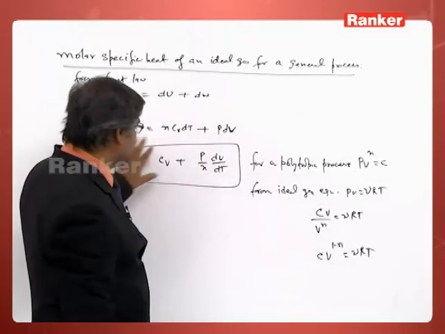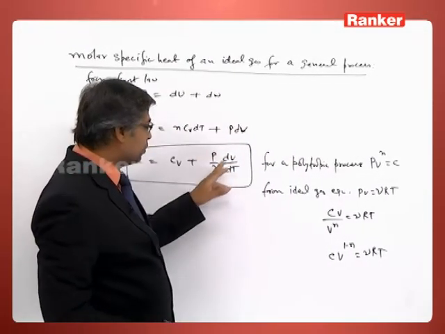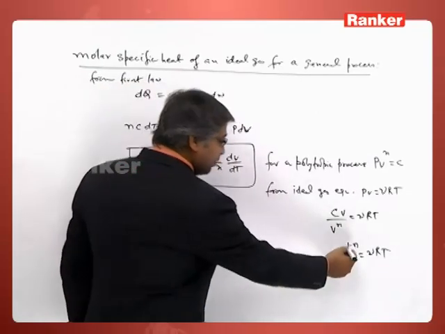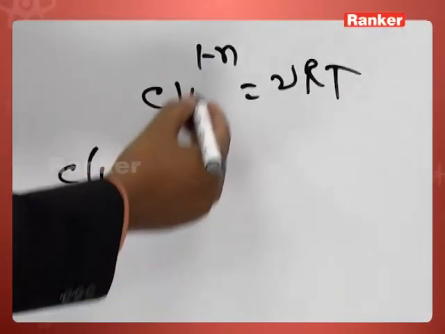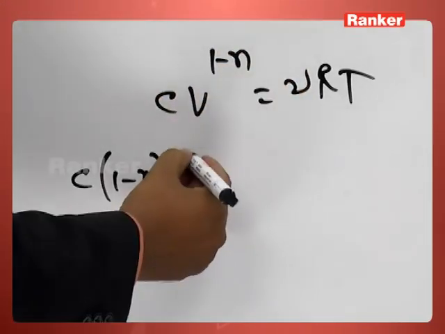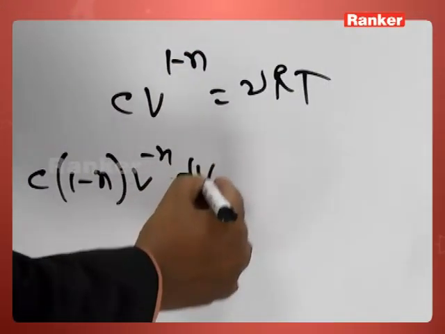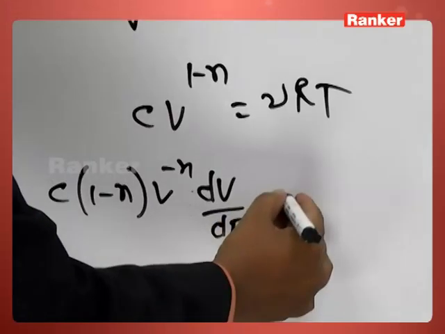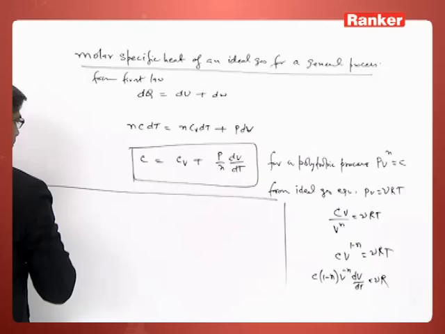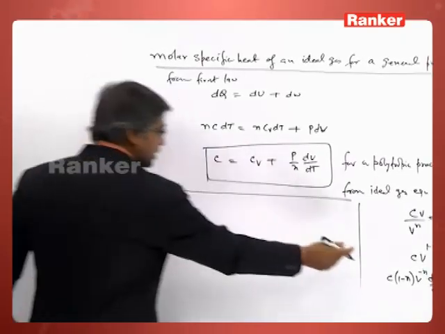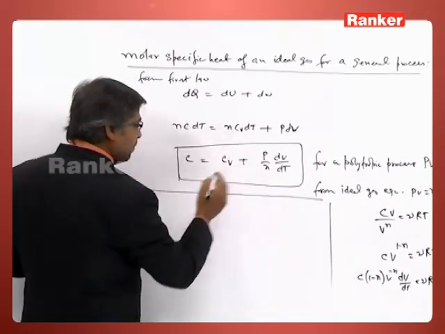In order to use this expression, I must know dV by dT. So we will take the differential: C times 1 minus n into V to the power minus n, dV by dT is equal to nu R. Now you see here, we will use this expression and put it here.